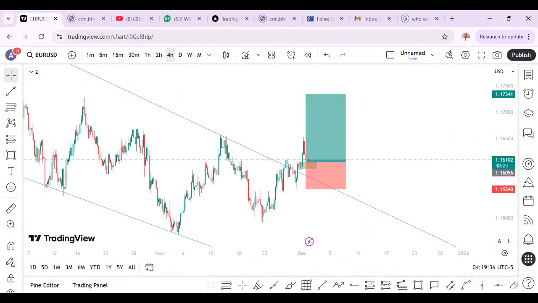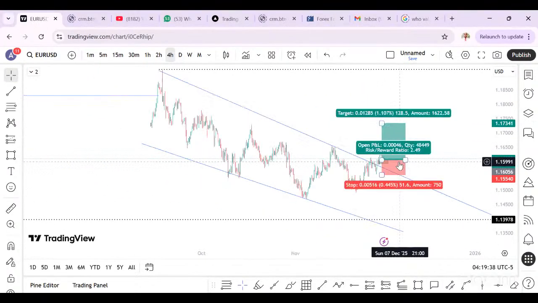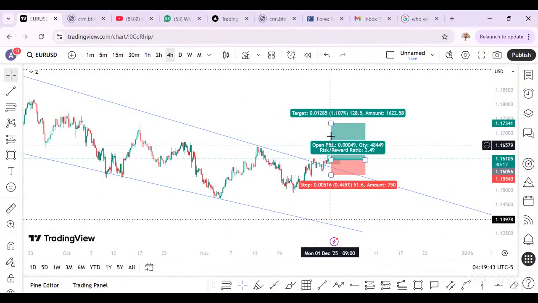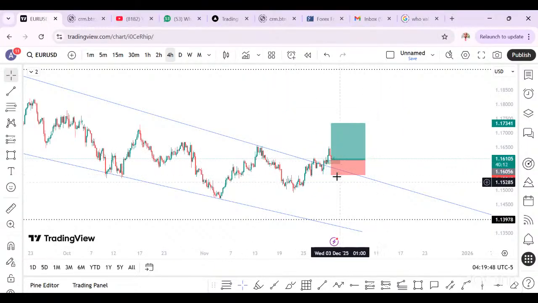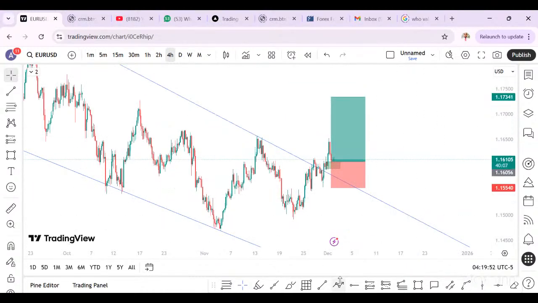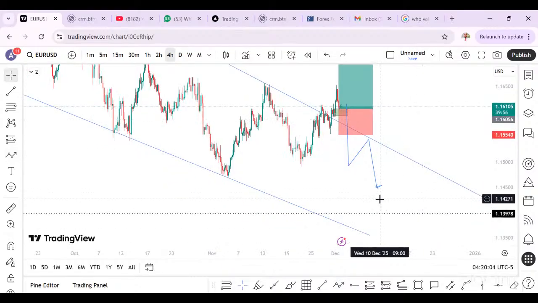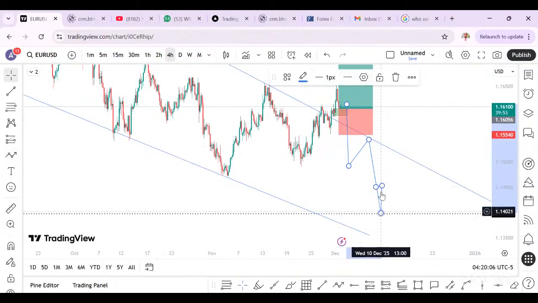So this is 4 hours now. See how we were ranging there. We break now, we've come into this zone. So the only thing that can make this trade not work out is if we have another bearish candle, meaning the dollar resumes serious bullishness.